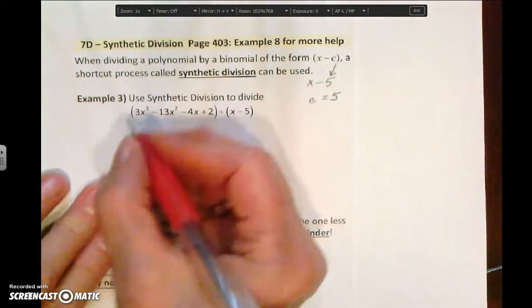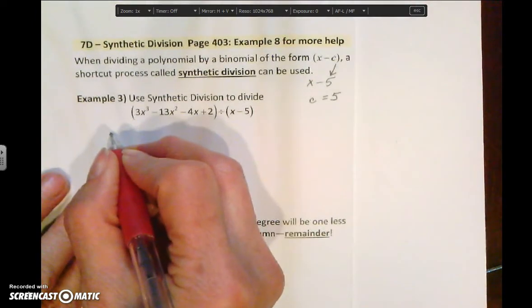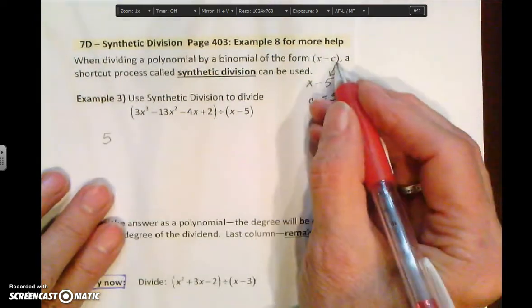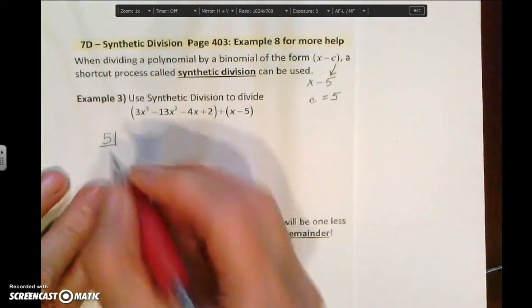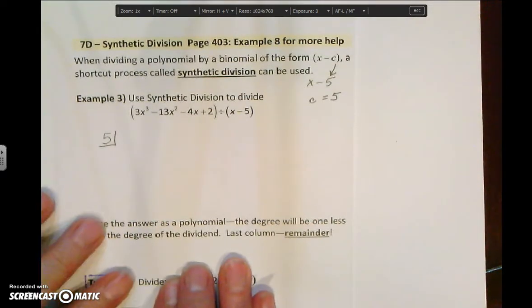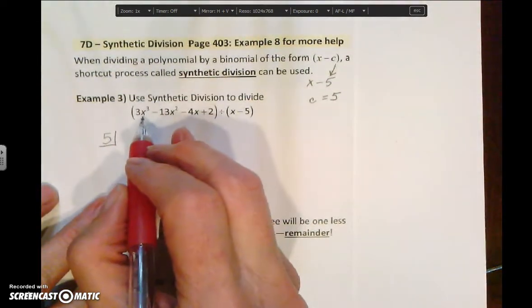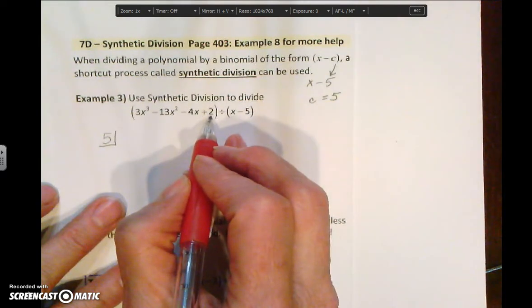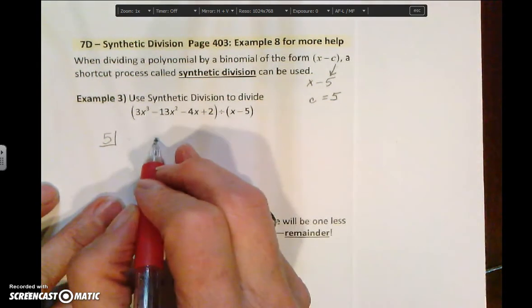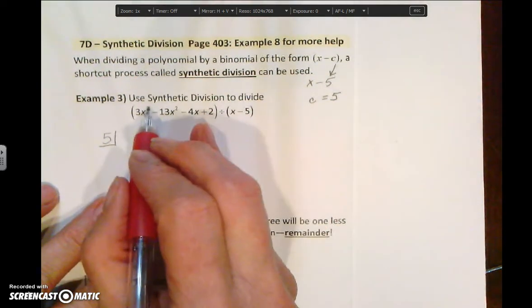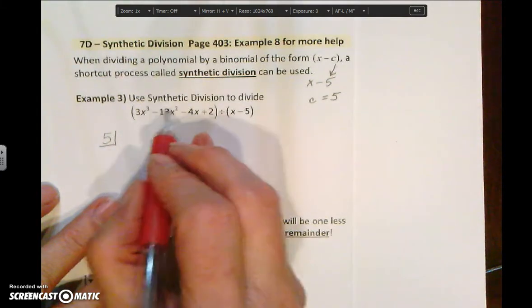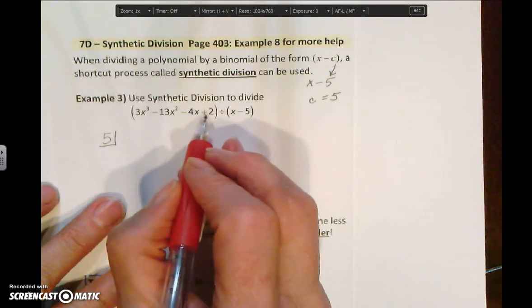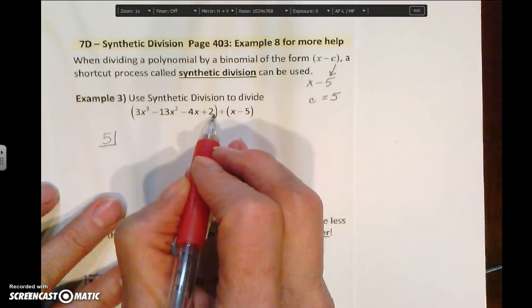So when I begin this, I'm going to put my 5, my c, inside of a box like this. Then I'm going to take the coefficients of my polynomial that I'm going to divide into and write just the coefficients here. Again, you want to make sure that you've got the x cubed, x squared, x, constant, in descending order and not missing any terms.